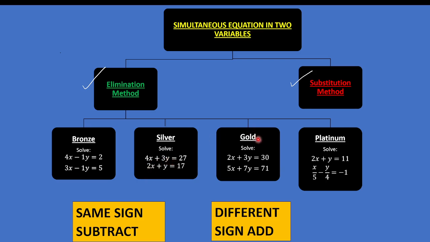Now after that, in the third category we simply do not follow any particular pattern. However, if you focus here, we can clearly see that the coefficients of x in both equations are relatively prime. In 2 and 5 there is no common factor, their HCF comes out to be 1.